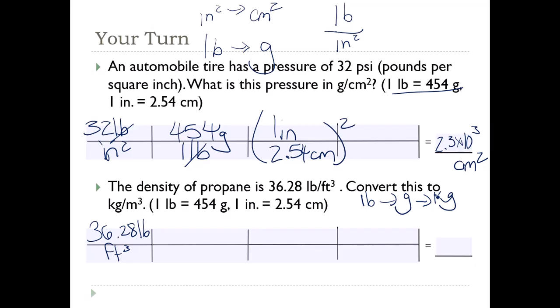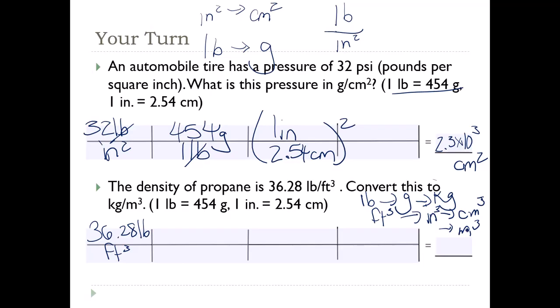And then we want to go from feet cubed to inches cubed, and then from inches to centimeters cubed, and then from centimeters cubed to meters cubed. So we know how to get from feet to inches, inches to centimeters, centimeters to meters.